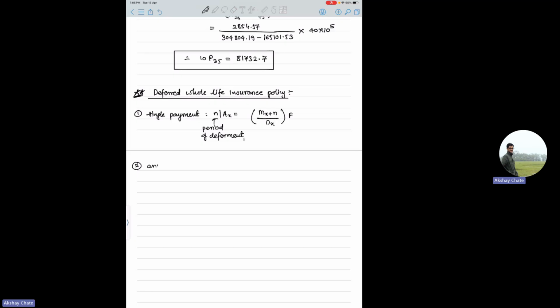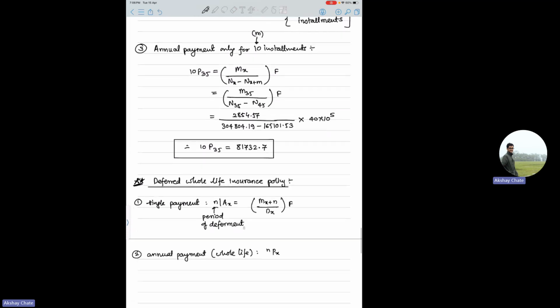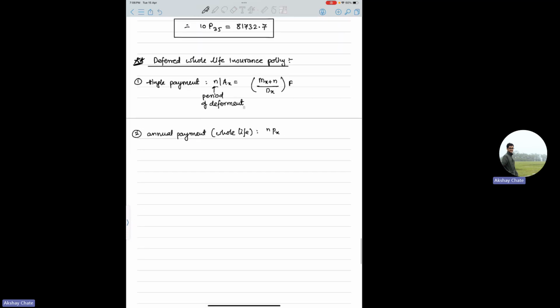And then if you do an annual payment, whole life, that is nothing but npx. Okay, so something like this. But here instead of doing it in the notations, let's leave it. You can just take the formula.